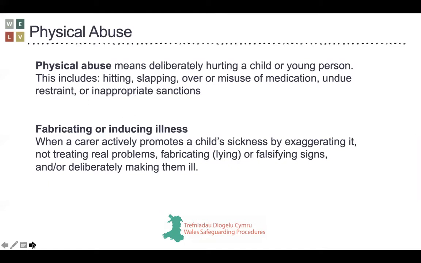It also includes fabricating or inducing illness. These being the circumstances when a carer or parent actively promotes a child's sickness by exaggerating it, not treating the real problems, fabricating or falsifying signs, and/or deliberately making them ill.